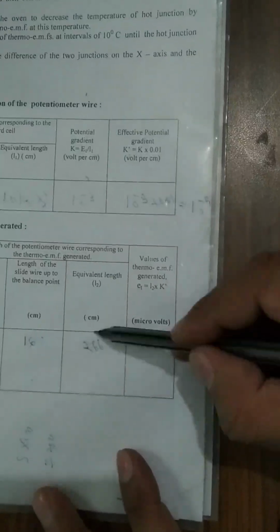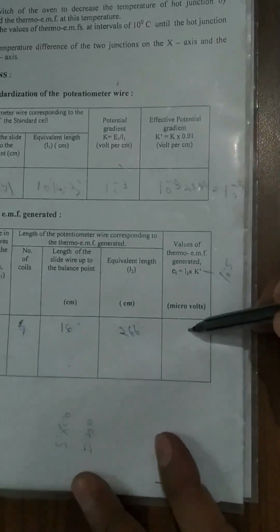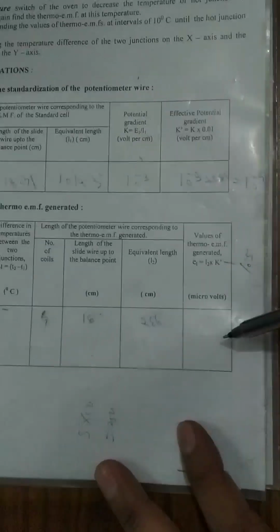L2 you can use from this column, and K prime is equal to 10 raised to the power minus 5 volt per centimeter. So when you multiply 10 raised to the power minus 5 into L2, meaning 266 for the first reading, you will get the value of thermo EMF generated over here in this column corresponding to each and every set value of temperature, and in this way your experiment would be completed.